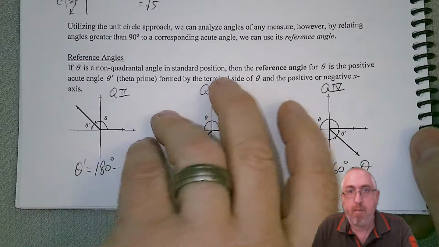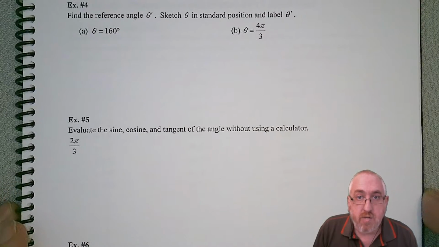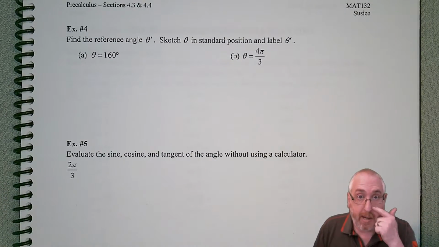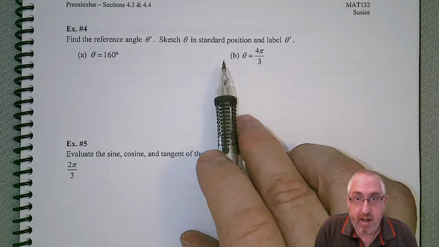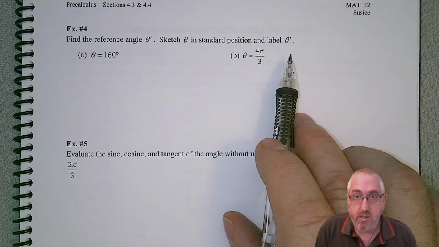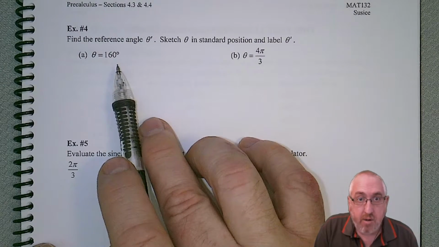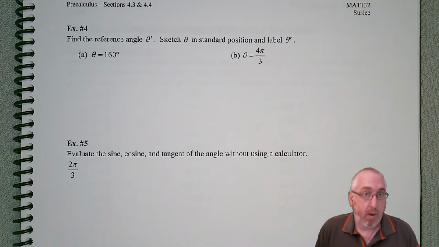So let's try a few problems. This first one is just asking you to find the reference angle theta prime, and they want you to do just a quick sketch of the angle in standard position, and then of course label theta prime. If we have an angle of 160 degrees, what quadrant is that in?